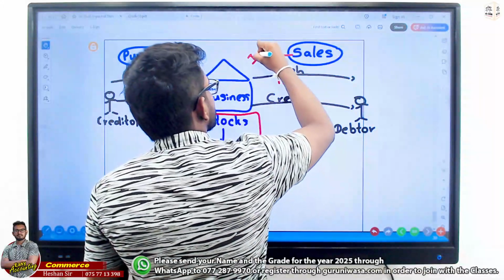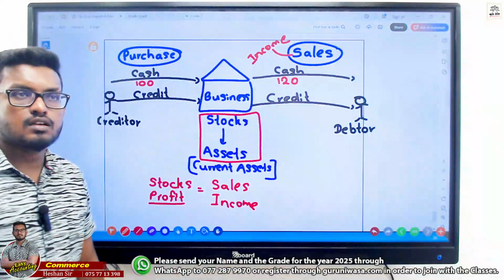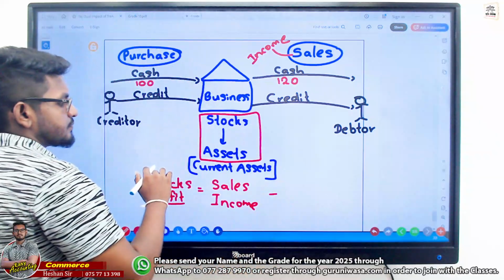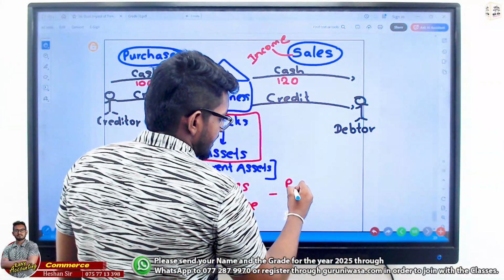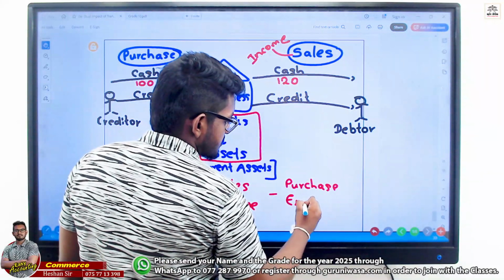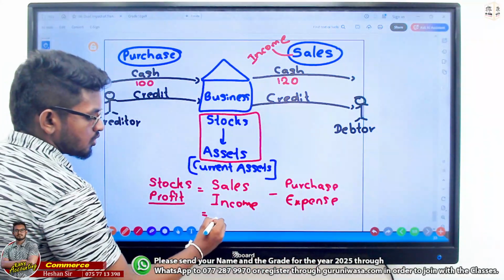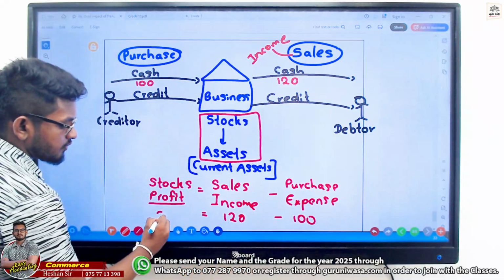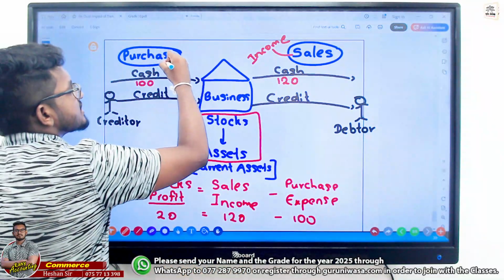Can you tell me what it is called? Income. Easy, clear to you guys? Though the stocks are assets, stocks purchase we concern as expense. Profit means income minus expenses. So 120 minus 100 equals the 20 profit. Then we can calculate. So purchase we concern as what?